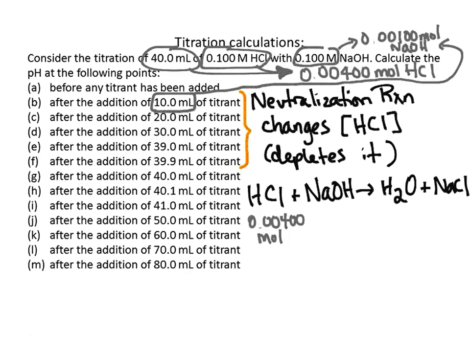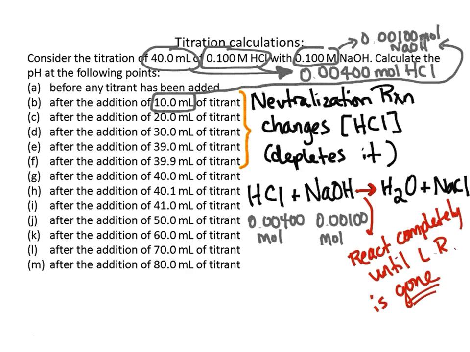So 4 millimoles of HCl and 1 millimole of sodium hydroxide react to completion until the limiting reactant is gone. The limiting reactant is the titrant, sodium hydroxide. That goes to 0, and we lose 1 millimole of HCl, which gives us 3 millimoles left over.